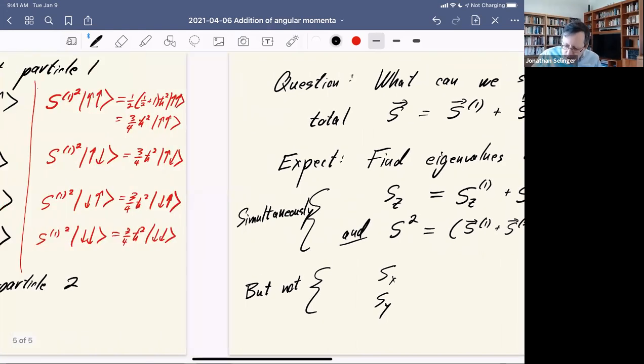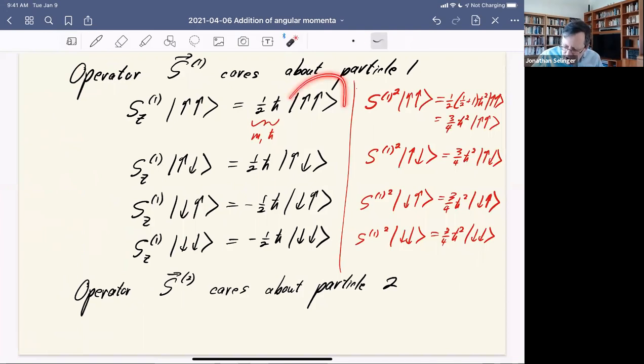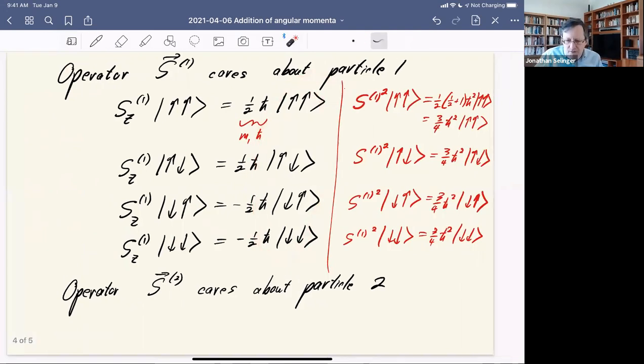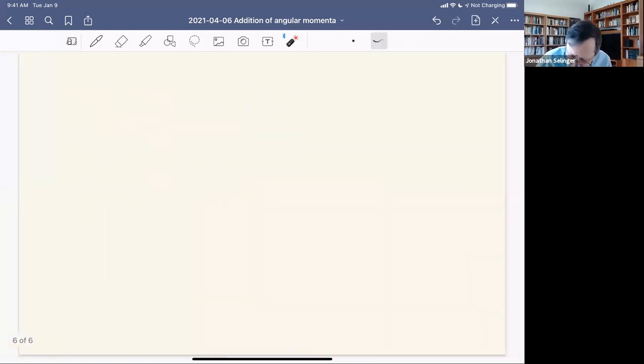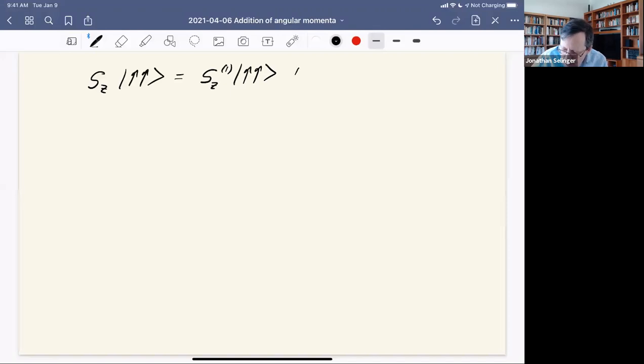We know about these 4 states: up, up, up, down, etc. So let's first ask, what does SZ do to each of those 4 states? SZ acting on the state up, up is SZ1 acting on up, up plus SZ2 acting on up, up.